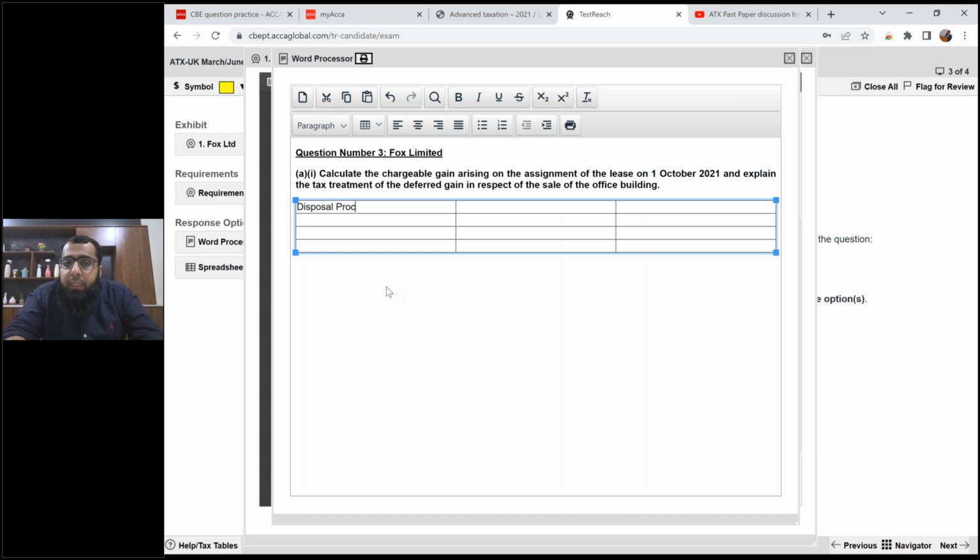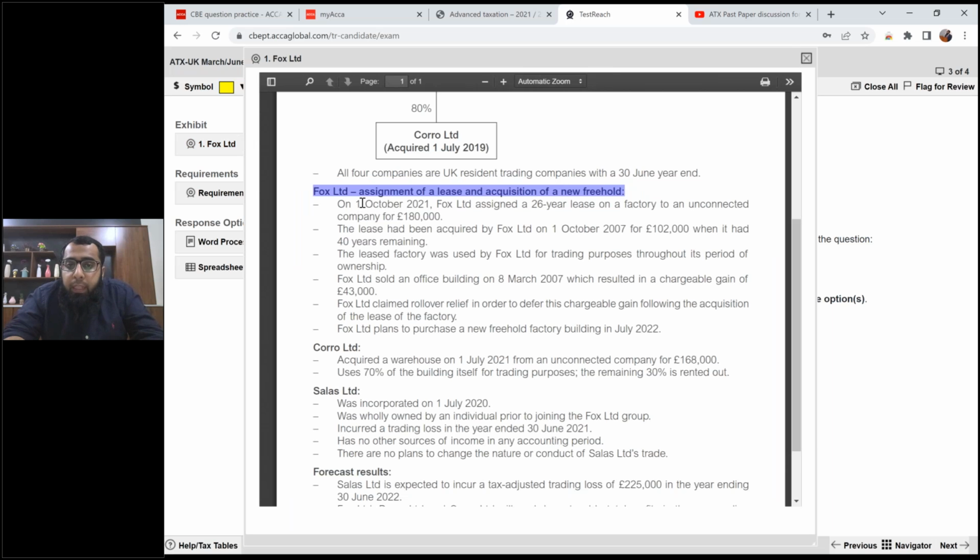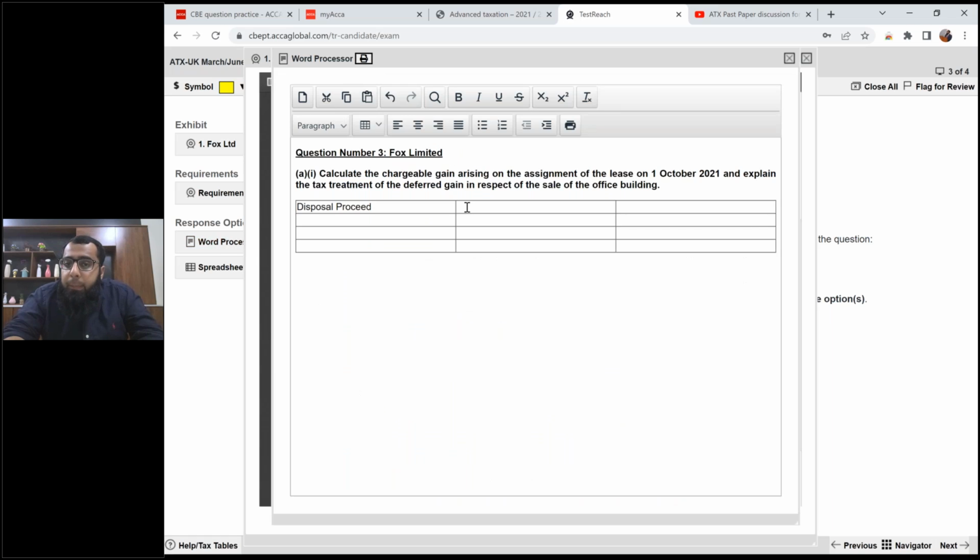Disposal proceeds. What is the disposal proceeds? On 1st October 2021, Fox Limited assigned a 26-year lease on a factory to an unconnected company for £180,000. So the disposal proceeds are £180,000. Now from this, we will deduct adjusted cost.